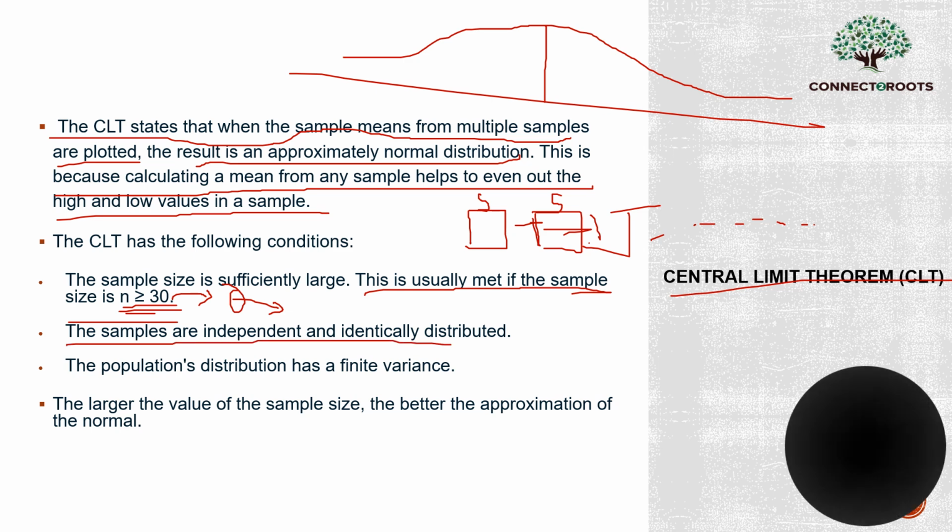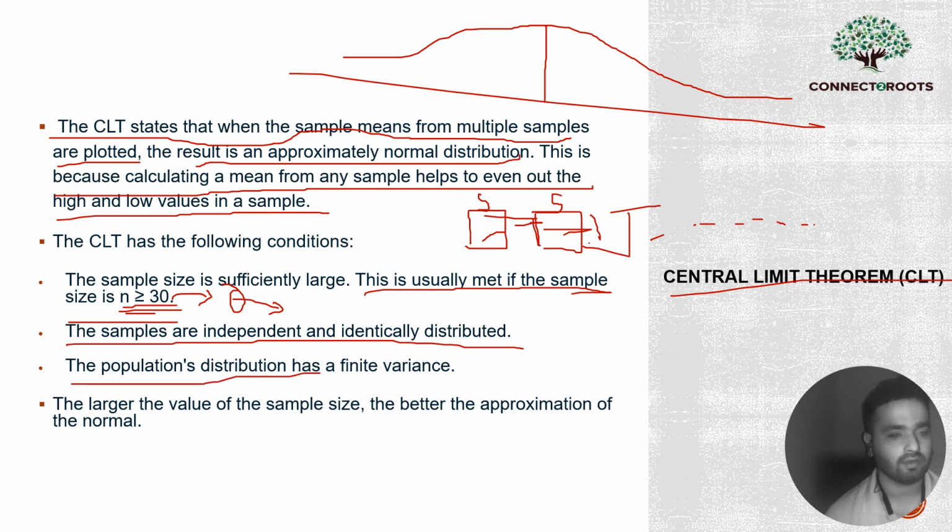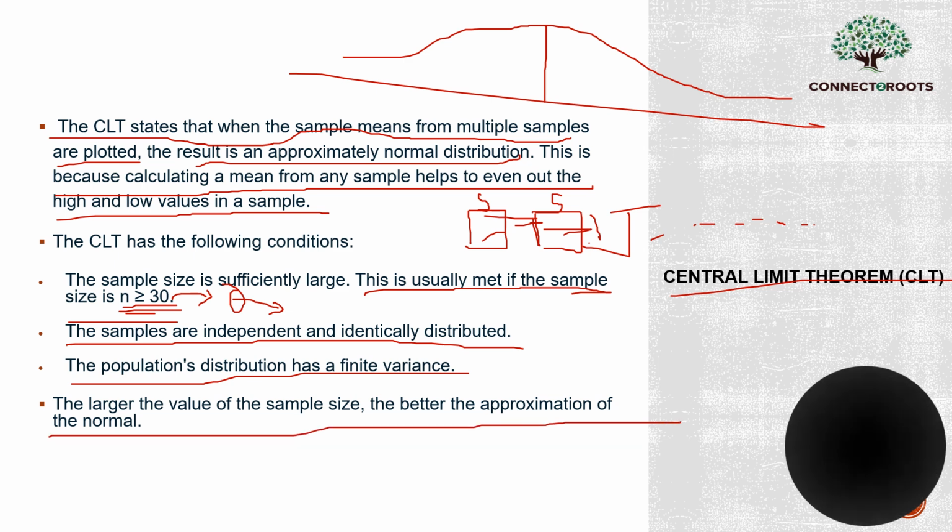Samples are independent and identically distributed. Obviously these samples should not be identical, otherwise the whole thing of taking samples will be neglected. The population distribution has finite variance. So the population has variance, but it should have a finite variance. It doesn't mean that it should have an infinite amount of variance. Otherwise, it will not be possible for us to determine our objective.